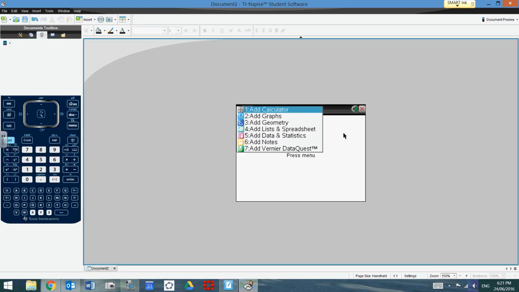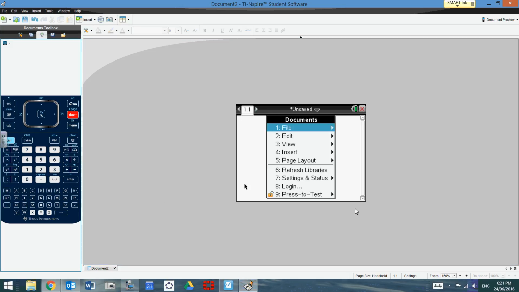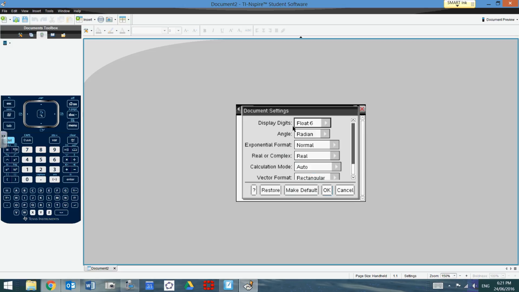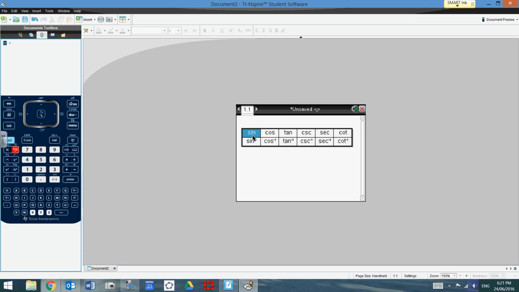So an example here, start a new document in calculator. If you go to doc and you go to your settings, document settings, right now I am in radian, so I would have to make sure that I go to degree and then push OK. Okay, so now I can put in sine, which is under trig.